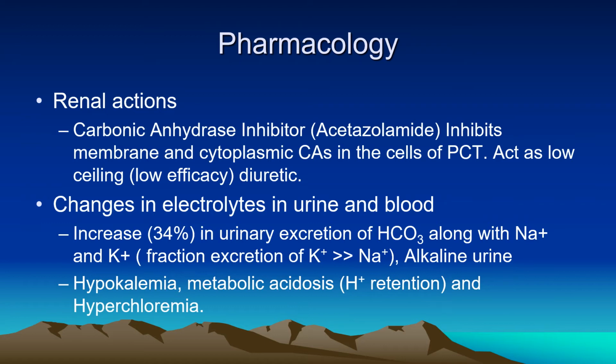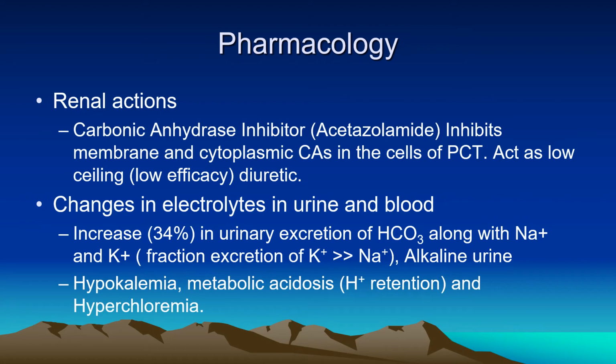There is an increase in the excretion of bicarbonate, and it is said that about 35% of the filtered load is removed in urine. There is also loss of sodium and potassium in the proximal tubule. The potassium loss is considered to be much more than sodium in urine finally, because sodium gets exchanged with potassium in the distal tubule.